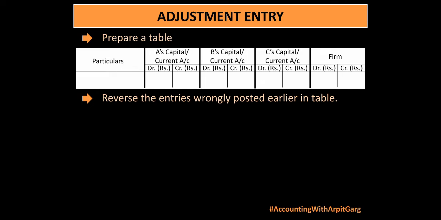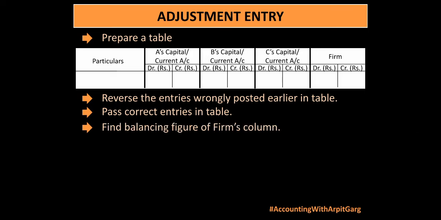For reversing the entry, since profit must have been credited to their account, now we will debit that, and then we will pass the correct entry. For the correct entry, we will pass it on the correct side. Then we will find the balancing figure of the firm's column.